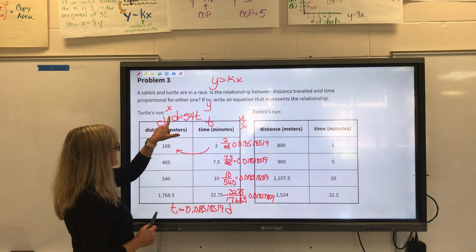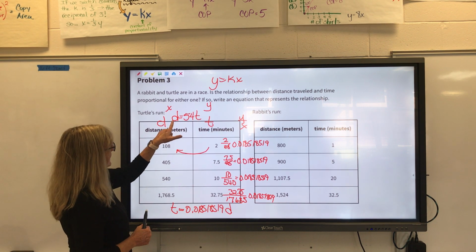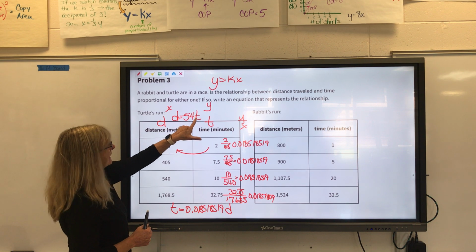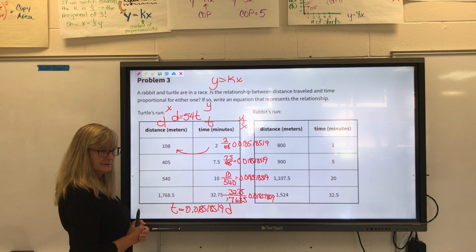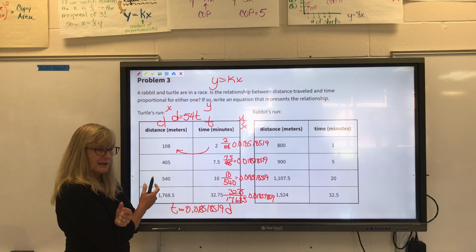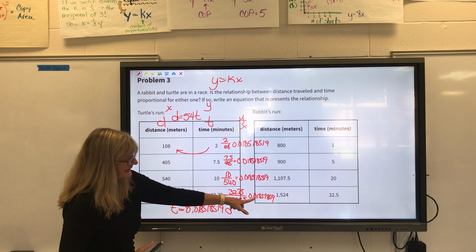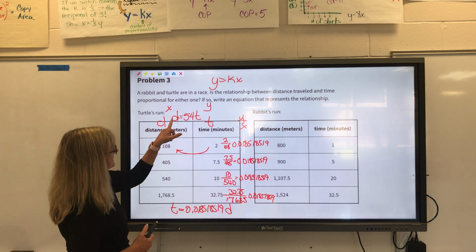That's saying x equals ky. In this case, x is D and T is y. And remember, we learned we could do the reciprocal. By flipping the table, we have to take the reciprocal. And the reciprocal of that nasty decimal is 54.